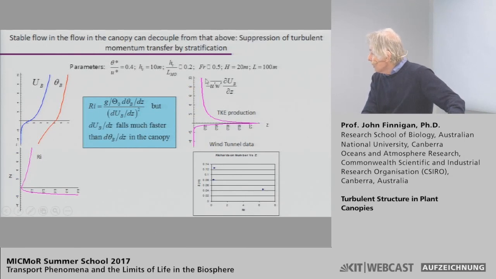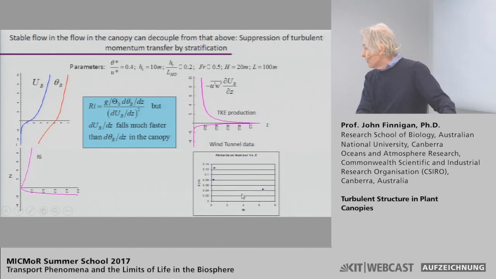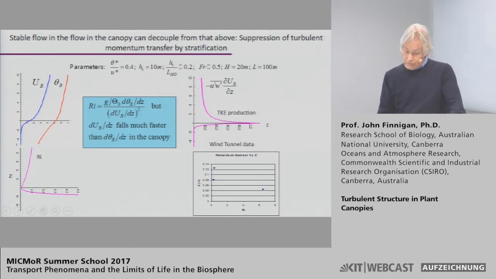That's the actual profile of the kinetic energy production by shear, and then it drops down here. In the wind tunnel, this is what we measured. Richardson numbers of order 0.1 above the canopy, so stable, but not fully turbulent, but within the canopy over 6.